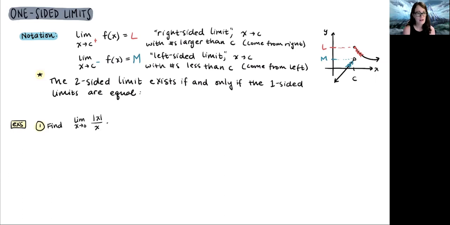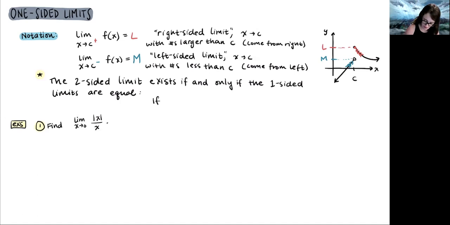And in symbols, we would write that like this, and kind of thinking about it in the opposite way. We can also say that if the two one-sided limits don't equal each other, then the two-sided limit doesn't exist.